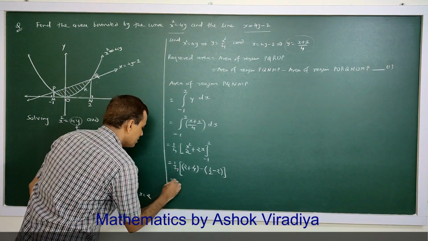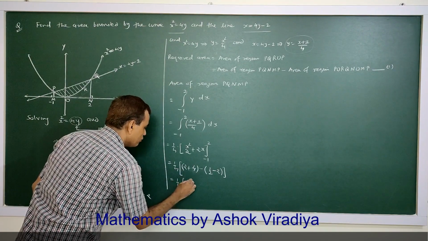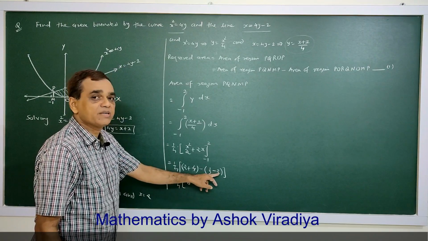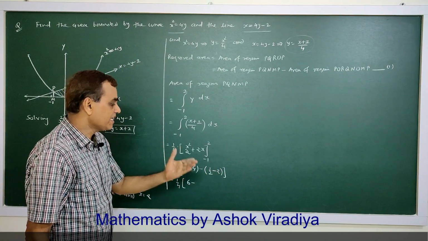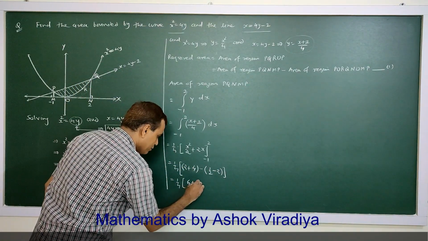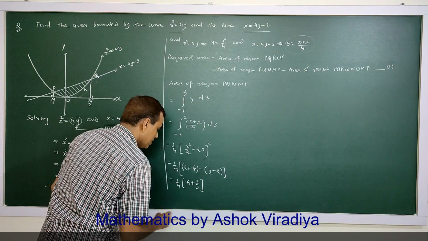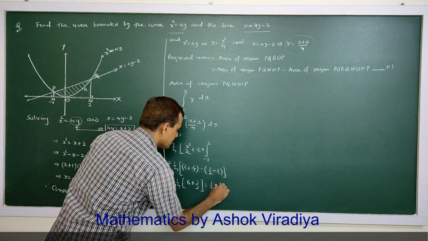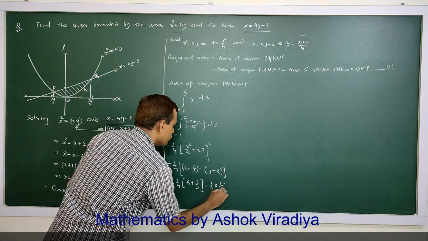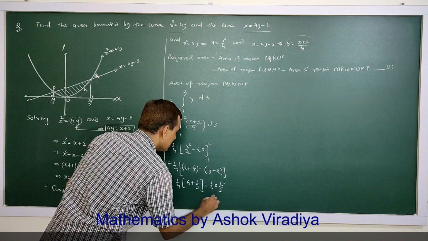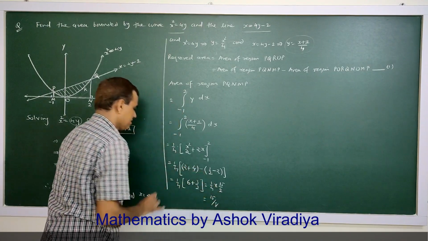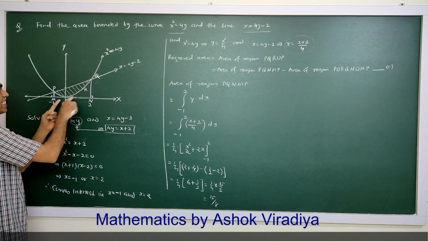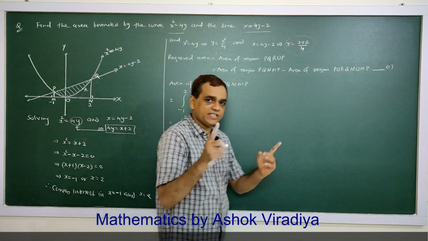So this is 1 by 4 into 4 plus 2 is 6, minus minus 3 by 2, that is plus 3 by 2. So it is equal to 1 by 4 into 15 by 2, so this is 15 by 8. The first area below this line segment is 15 by 8.